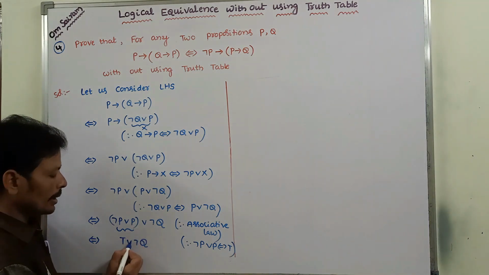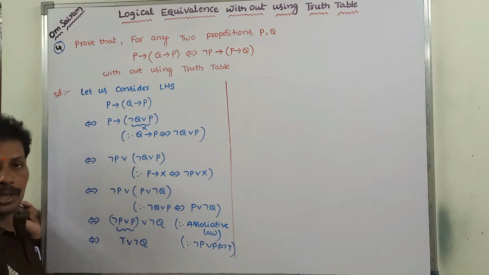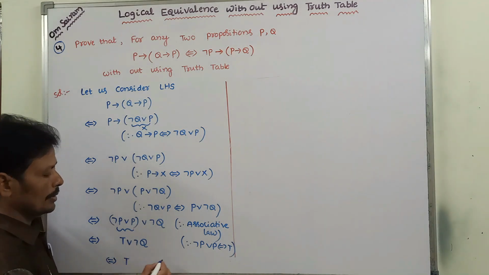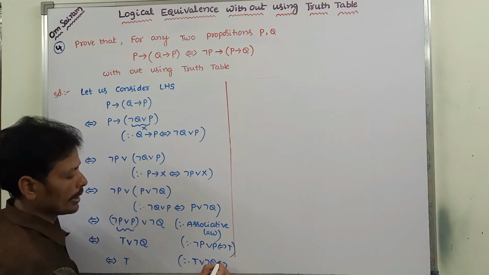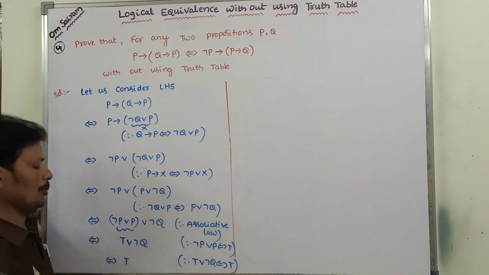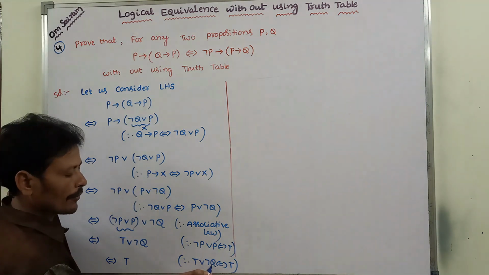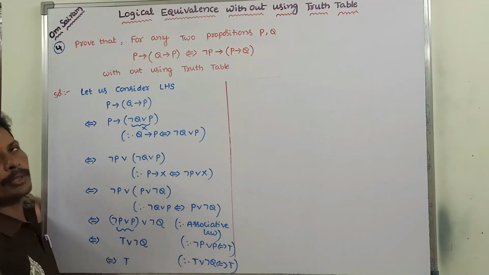So whatever the truth value we substitute in the place of negation Q, we are getting only true value. So here the formula is true or negation Q is logically equivalent to true. Okay, how are we getting this? In the place of negation Q, we substitute true value: true or true is true.